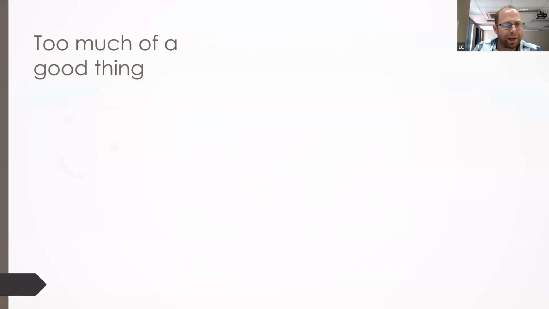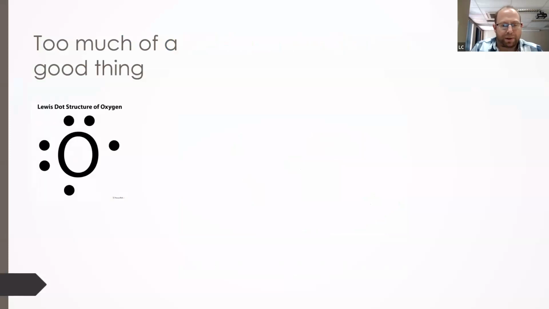So the first thing to keep in mind is too much of a good thing. Everyone probably has nightmares from chemistry back in high school. Your Lewis dot structure, these valence electrons, and the empty valence spots essentially result in reactivity.